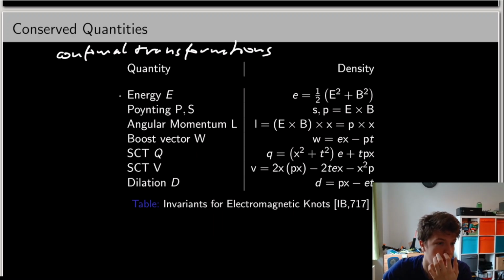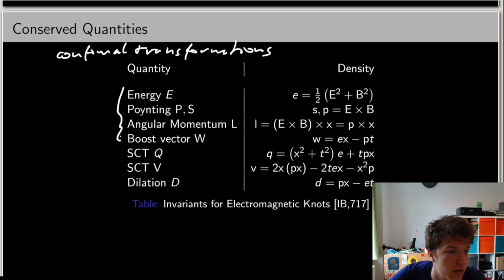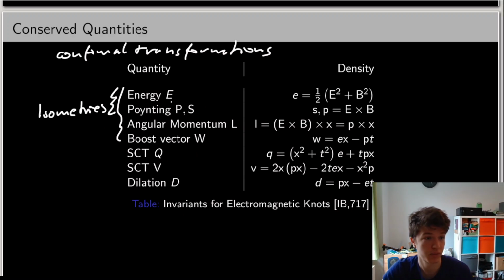we can first see here that we have the isometries. So first the isometries of the space, giving the energy and the Poynting vector and the angular momentum, and also the boosts, as boosts are an isometry of the Minkowski space.